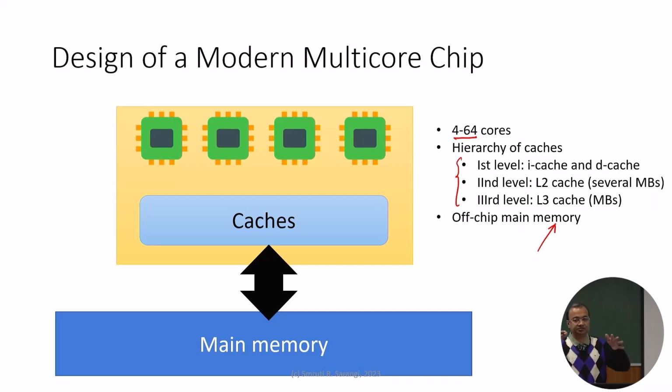Typically the cache structure is hierarchical in the sense that all the addresses in level 1 will also be there in level 2. Of course, the data may be fresher in level 1. So on and so forth for level 2 and level 3 and the main memory.